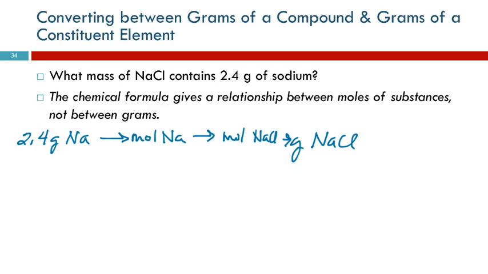The path we choose is limited to things where we know the relationship between the two things on each side of the arrow. If I knew the relationship between grams of sodium and grams of sodium chloride, I could do it in one step, but I don't have that information. Could I calculate it? Yes, I could.